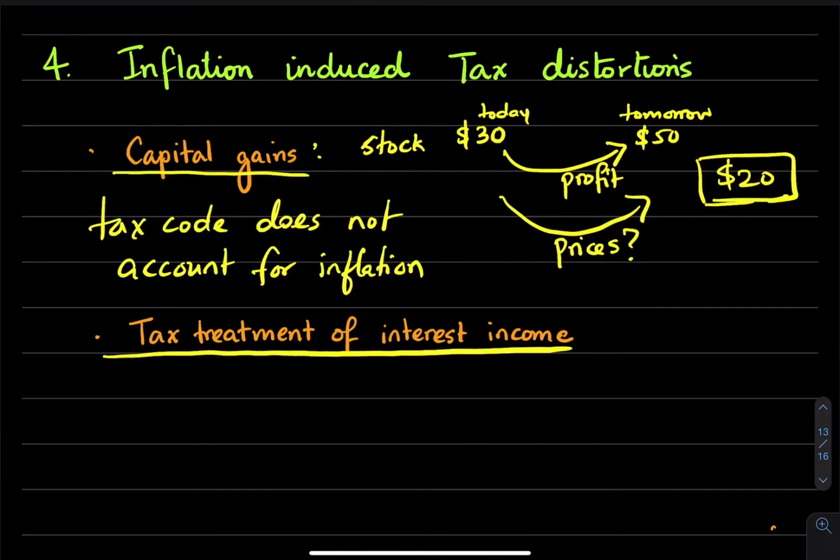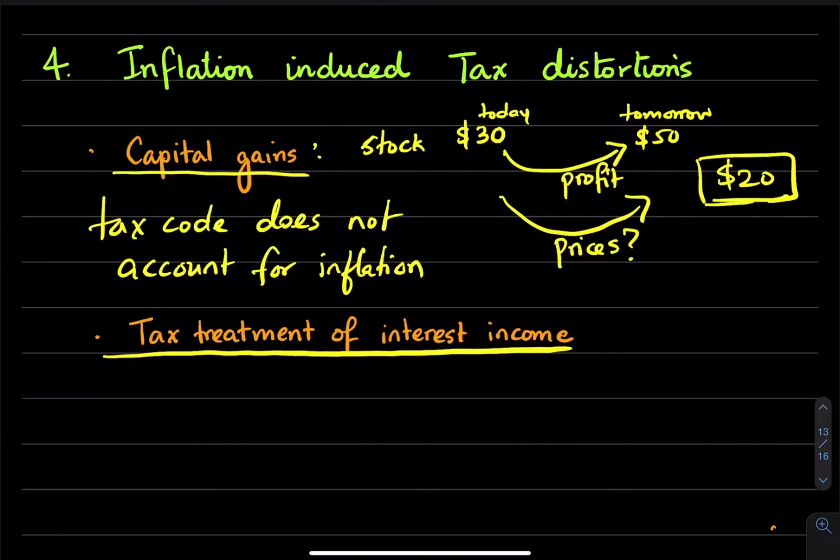Now, the second type of tax distortion occurs when nominal interest is taxed. Okay, so whenever the government takes a fixed percent of nominal interest as taxes, the after-tax real return grows smaller as inflation increases.